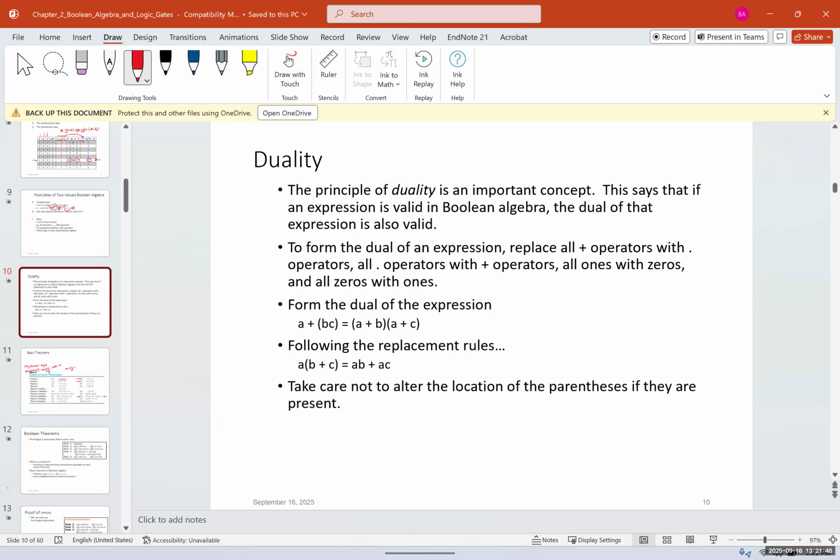So form the dual of the following expression. Again, we would replace the ORs with ANDs and ANDs with the ORs. First, we can expand it and we can have A plus B times A plus C. Now I can replace all the ANDs with OR, so this OR becomes an AND and this AND becomes an OR, AB plus AC.